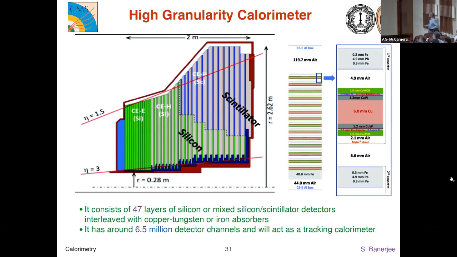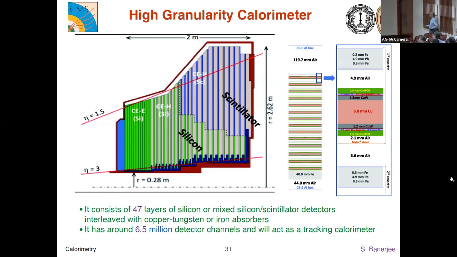You have a total of 47 layers of detectors. 26 of them are in the electromagnetic sections and 21 of them in the hadronic sections. In the 26, the main absorber is copper tungsten plates, and in the hadronic section, the main absorber is iron.